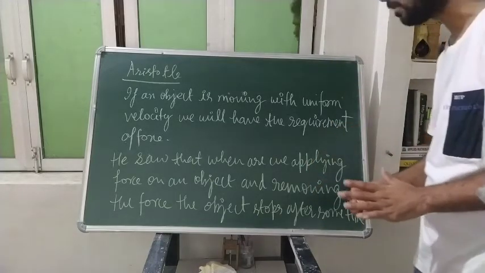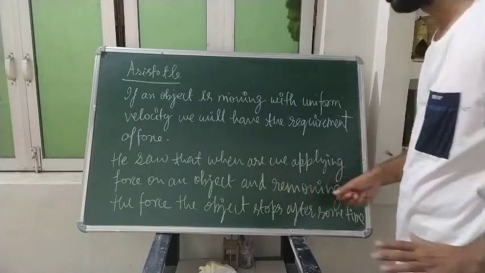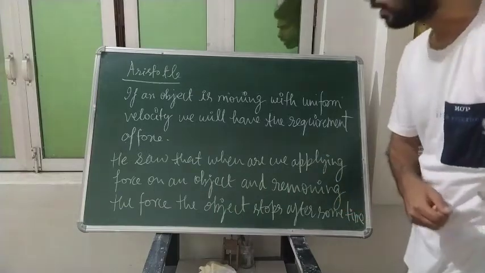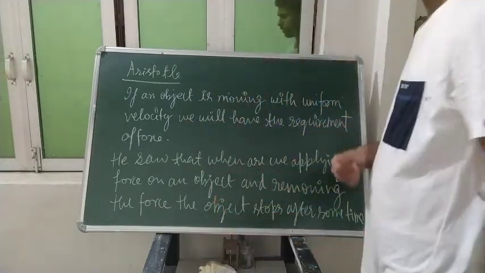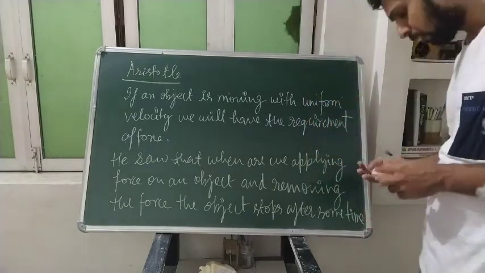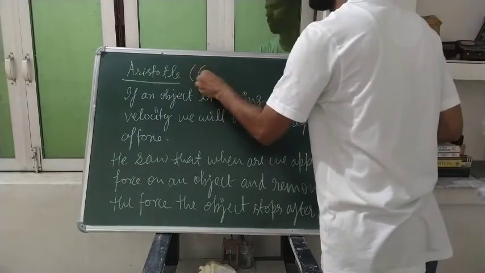So he saw that when we apply some force on an object it starts moving, and when we remove that force, it stops after some time. This was the observation of Aristotle. He was a Greek philosopher.